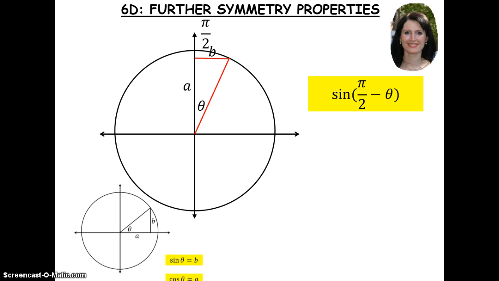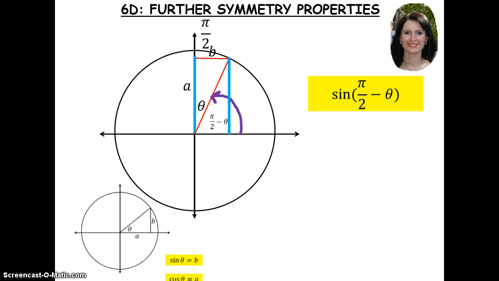So it's going to be our cos value, and A is going to be our sine value. So the angle here, which is pi on 2 minus theta, so it's the quarter of the circle minus that theta. There it is in there.